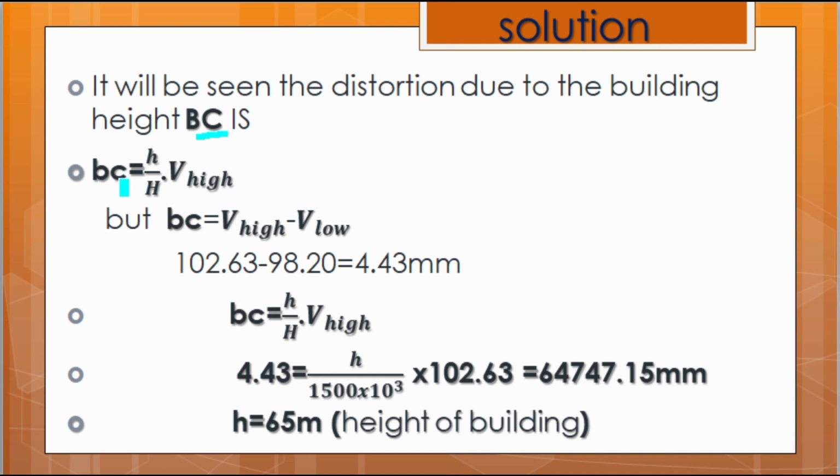So small bc, that's where the photograph is formed on the plane, will be equal to small h over big H multiplied by V high. So this is the height of the building, and this is the flying height of the building.